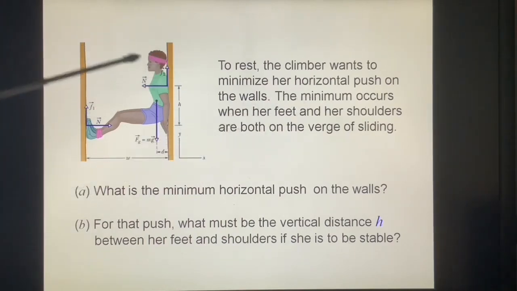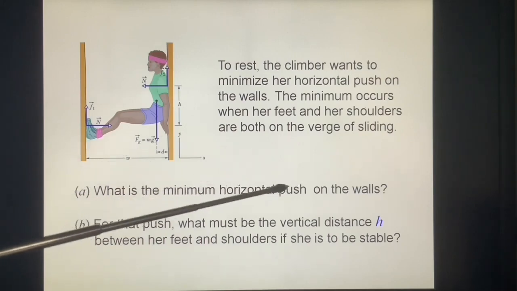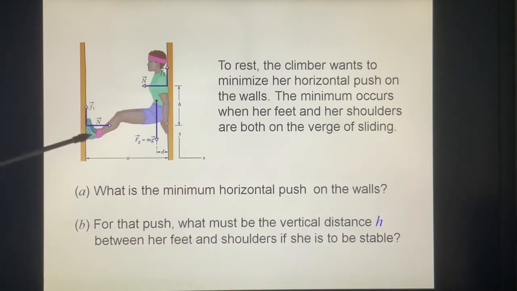At the minimum, they're just about to slide down, so friction is limited. A: What is the minimum horizontal push on the wall? B: For that push, what must be the vertical distance H between her feet and her shoulder? This is H. C: If it is too stable.